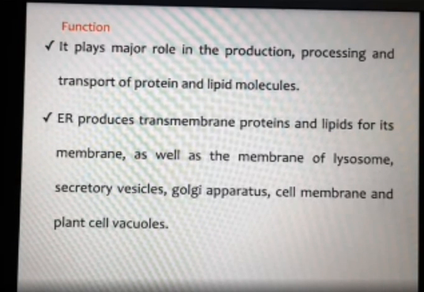So the endoplasmic reticulum plays a very important role, not only in the production of different kinds of proteins and lipid molecules, but also in maintaining these different membranes.